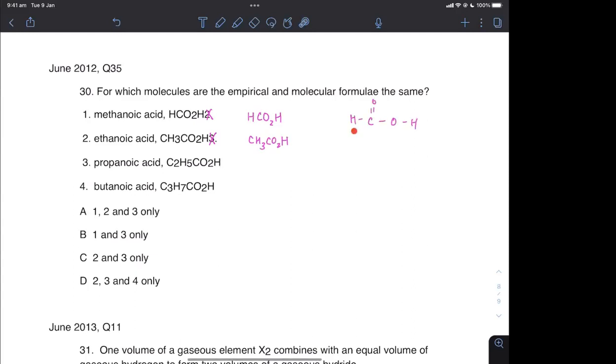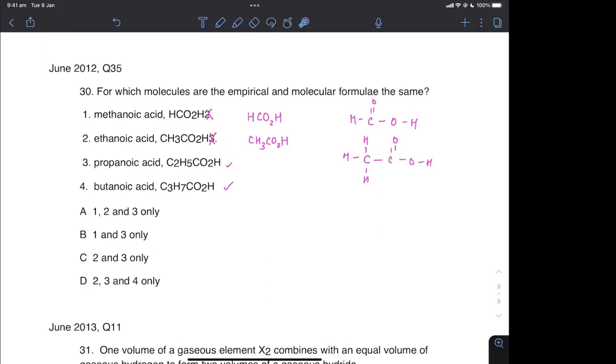Hydrogen forms a single covalent bond, carbon forms 1, 2, 3, and 4 covalent bonds, oxygen forms 2 covalent bonds, hydrogen forms 1 covalent bond. When you have CH3OH, carbon there forms 4 bonds. So the same deal, the oxygen forms 2 covalent bonds, the hydrogen each forms a single covalent bond there. This one is fine, this one is fine. It's just that these formulas are wrong.